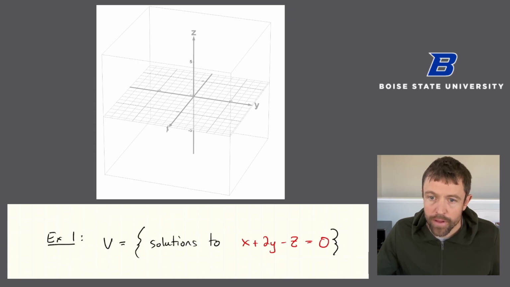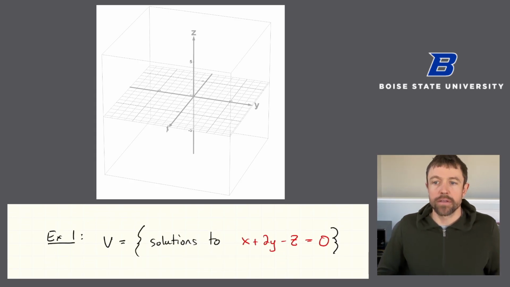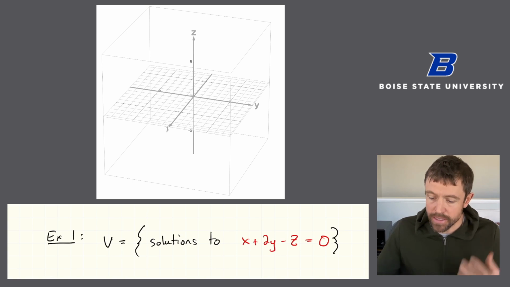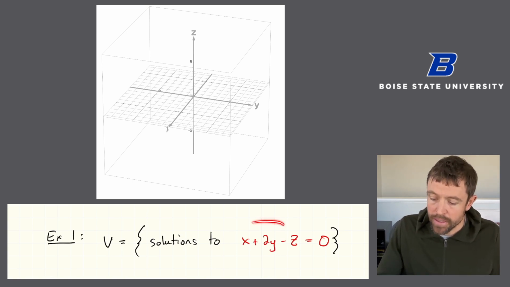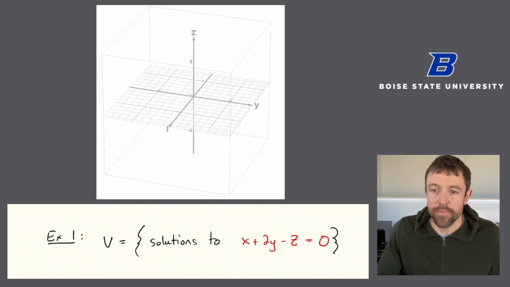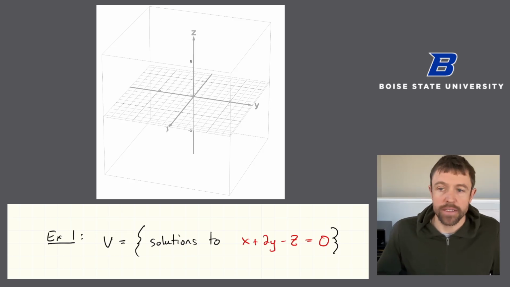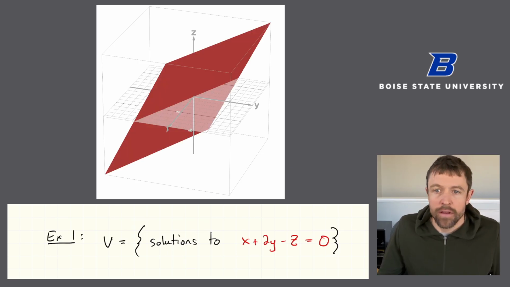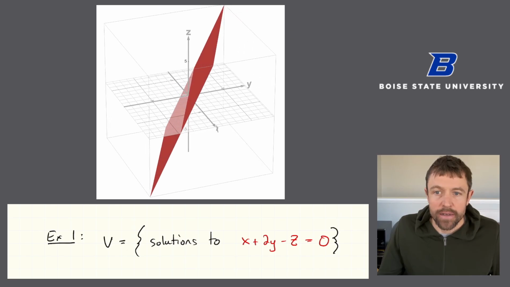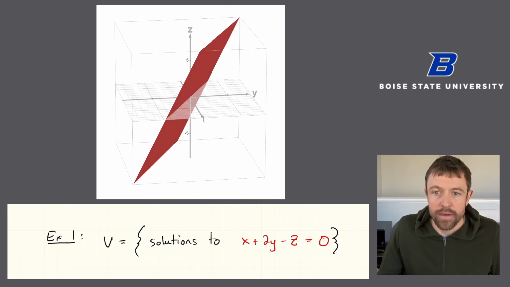So if I look at this vector space, the vector space V is going to be the set of solutions to this homogeneous linear equation, x plus 2y minus z equals 0. This is a vector space because this equation's homogeneous. And let's look at this graph. This red plane in the picture is the vector space that we're talking about.